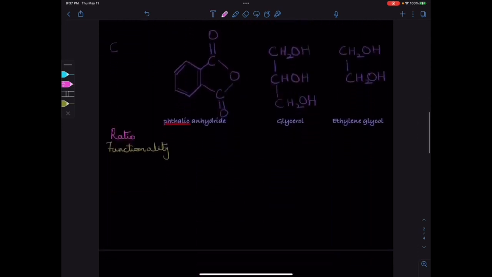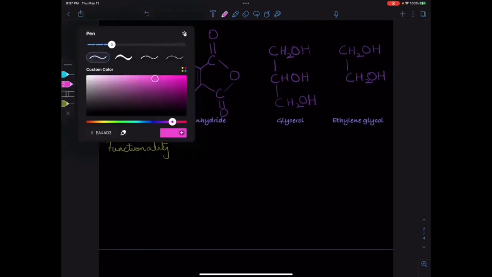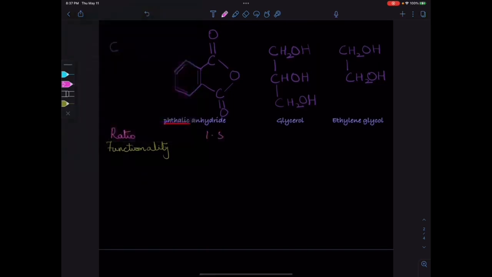Moving to the next part, we have phthalic anhydride, glycerol and ethylene glycol in the ratio 1.5 is to 0.8 is to 0.15. So let's find out the functionalities.